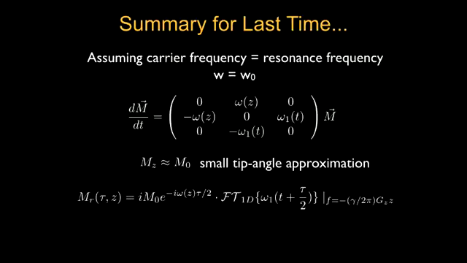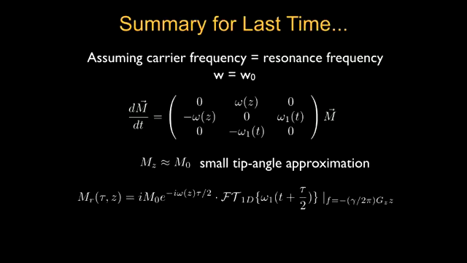Okay? All right. So this is the tool that, for a given RF waveform and a given gradient waveform, you can calculate what the slice profile is going to be. This is an analytical solution, right?